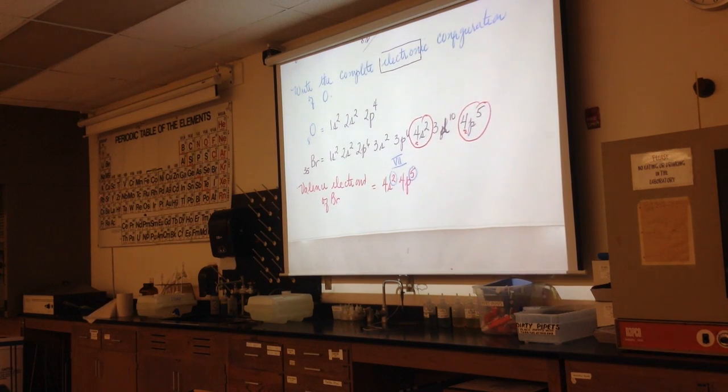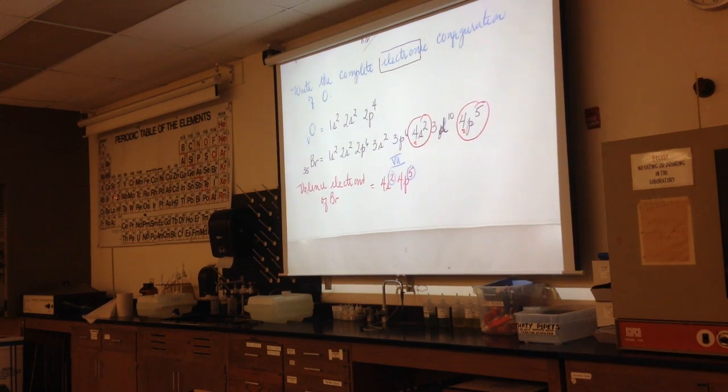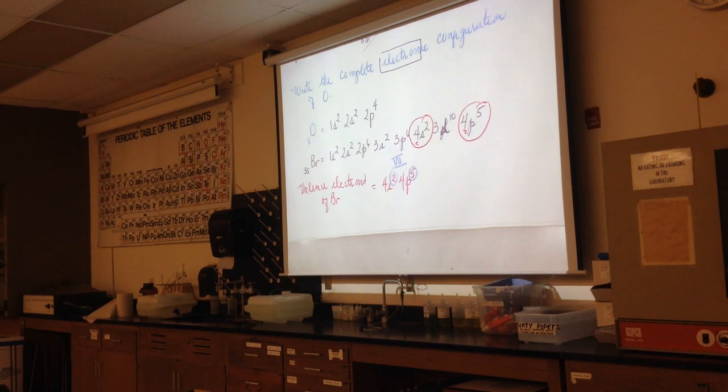So you'll be 5s1, s2, these guys don't count, those guys don't count, and then 5p1, p2, p3, p4, p5. So that's the 5s2, 5p5.